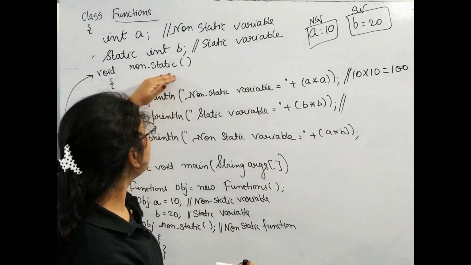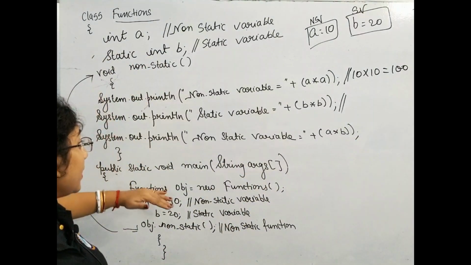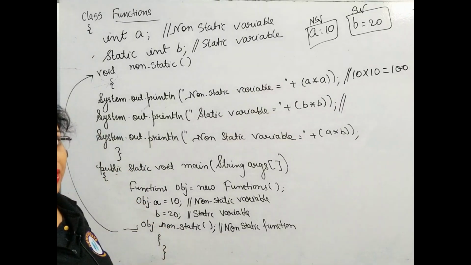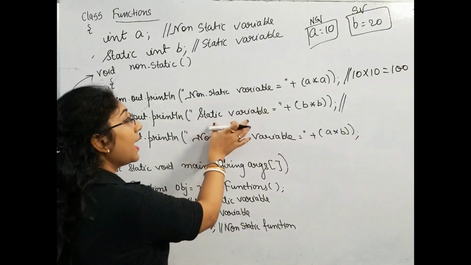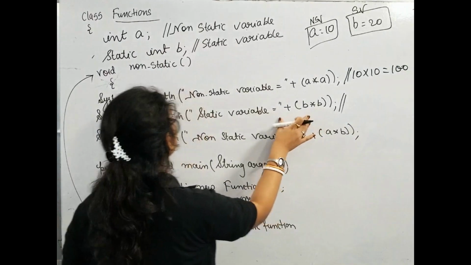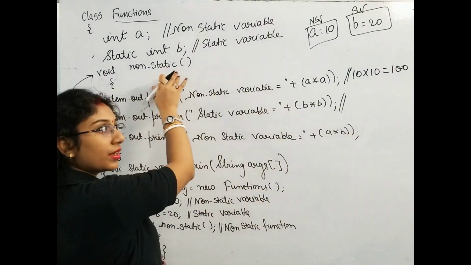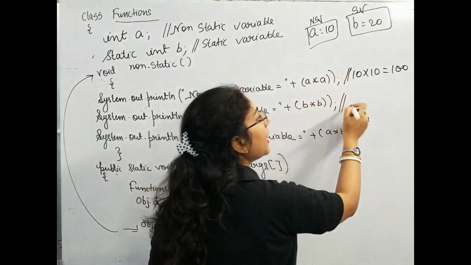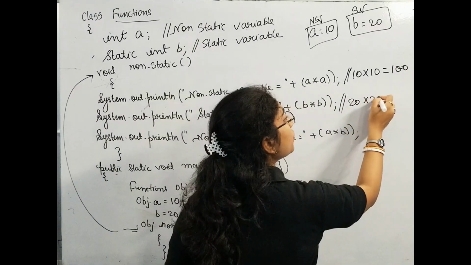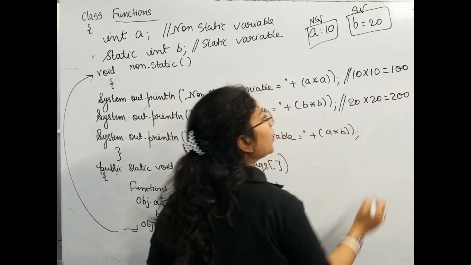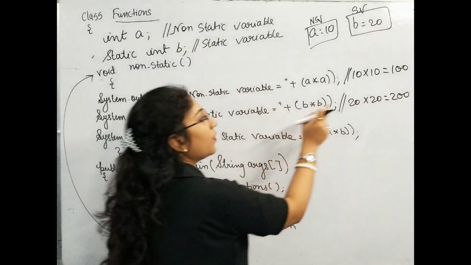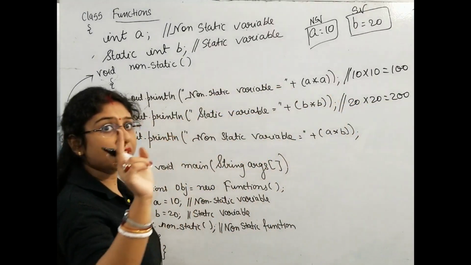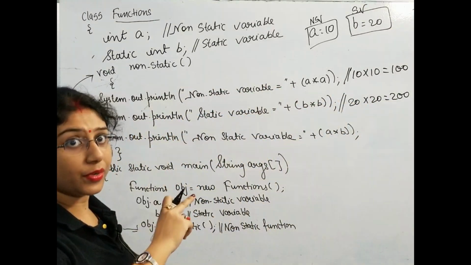But if I need to access a non-static variable inside a static function, then in that case I will need an object. So we can directly access the static variable inside a non-static function. Clear? So what's the value of b? That is 20. 20 into 20 will be 400. It means it will print static variable = 400. But it will not change the value of b. The original value of b will be 20 only.